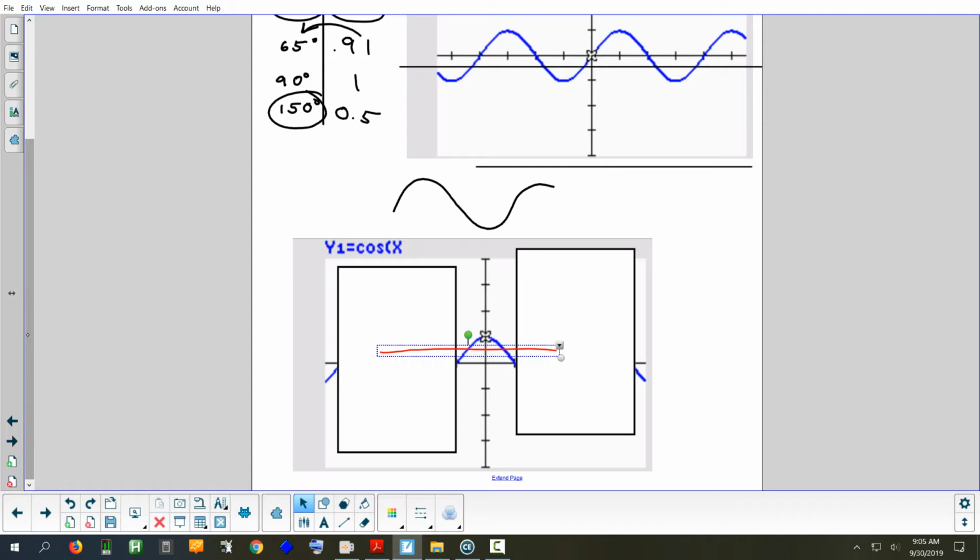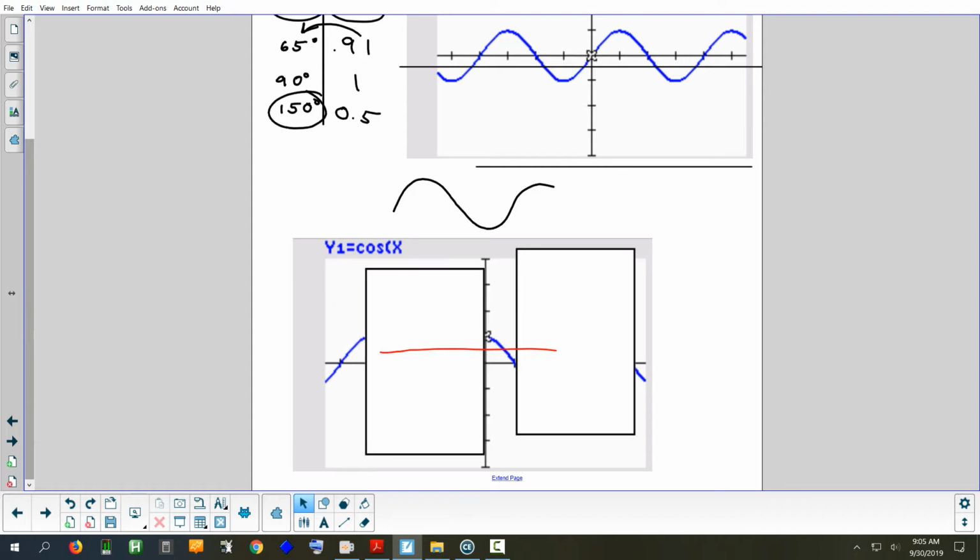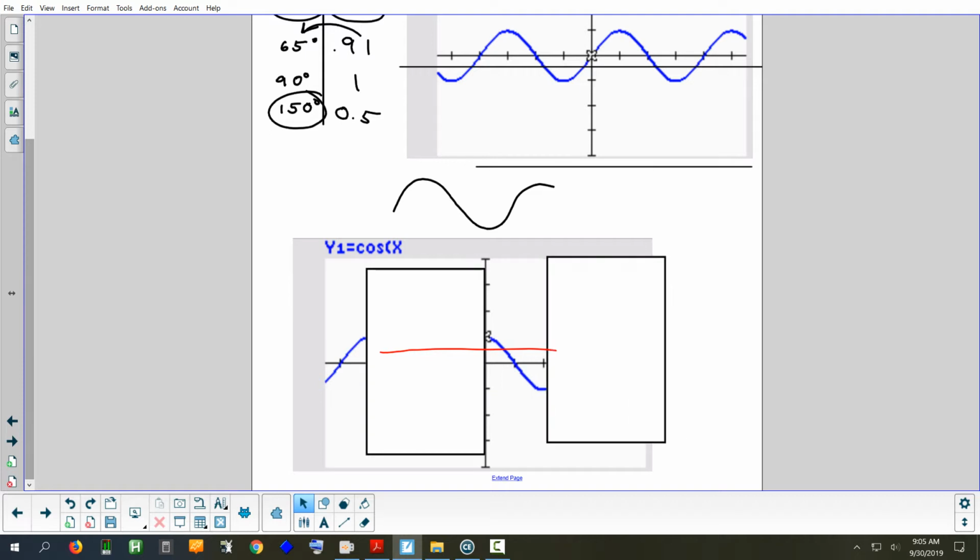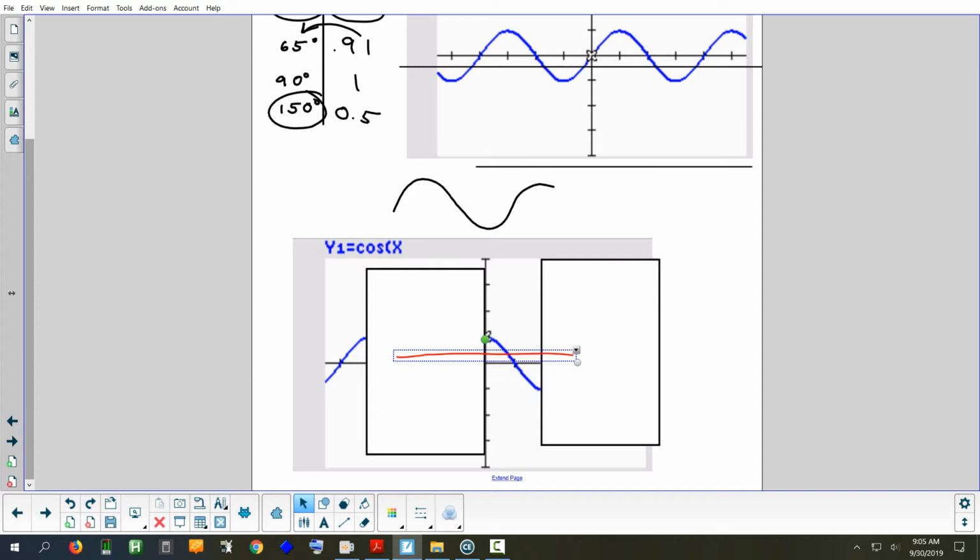So what we're going to do with cosine is we're going to look at that section right there. No matter where I put that line, it's only going to hit one time. Does anyone have a guess where the left edge is? It's not negative 90 now. Where is it?